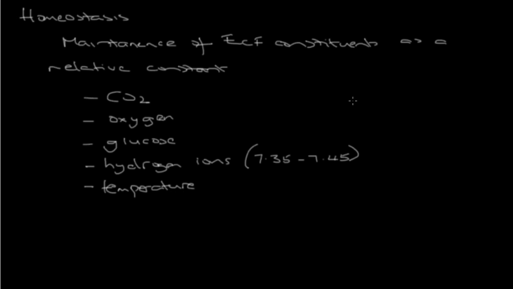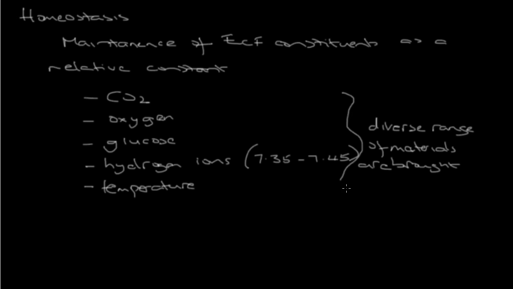And the problem with all these things is that as we go through our daily life, we're going to be bringing in lots of constituents that are going to be causing problems. So we bring in a diverse range of materials into the body, and we need to make sure that the balance of these stays at a fairly constant level.